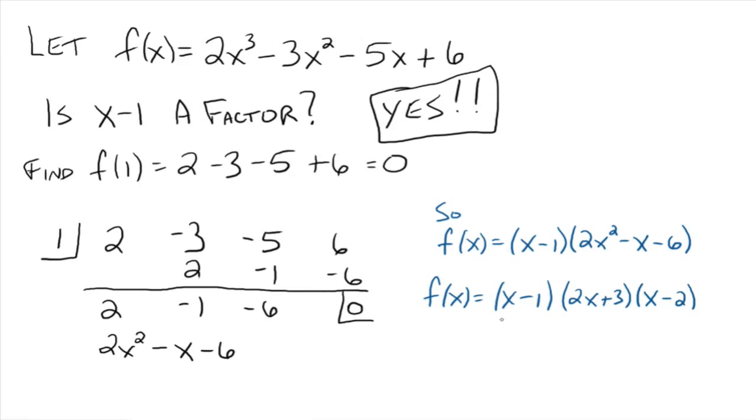I'm writing it down here in this completely factored form. We've just taken a third-degree polynomial and factored it into a product of three factors. These three factors, x minus 1, 2x plus 3, and x minus 2, are all linear expressions. In fact, all three of these are called linear factors.